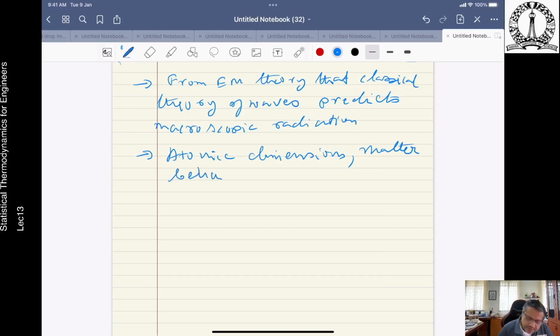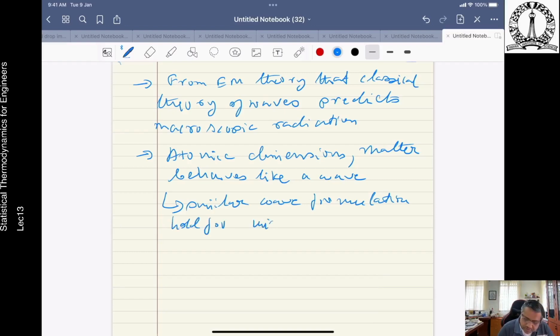Matter behaves like a wave, and so shouldn't a similar wave formulation be applicable to the microscopic behavior of matter?